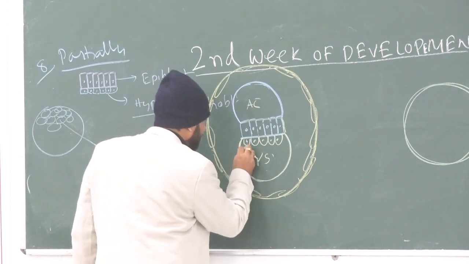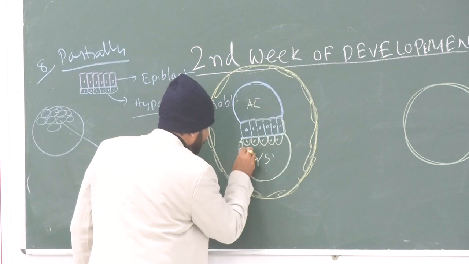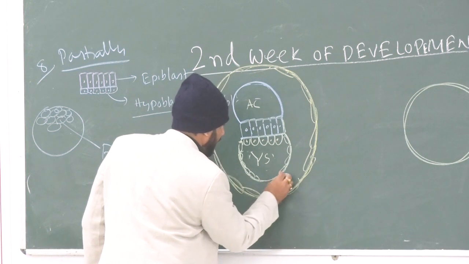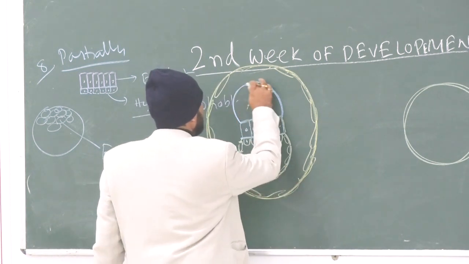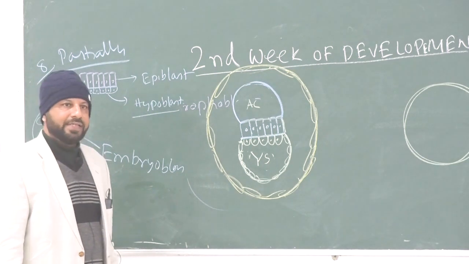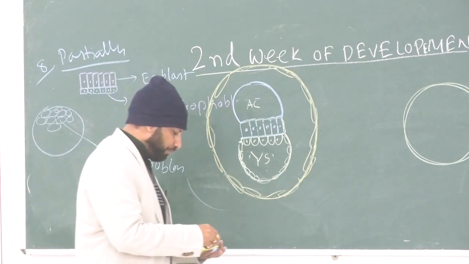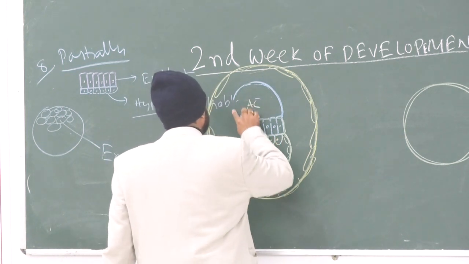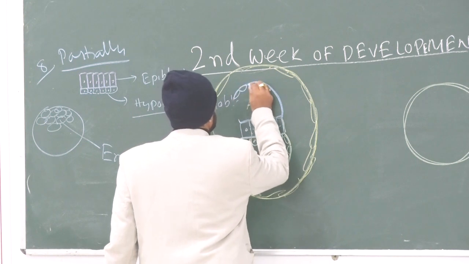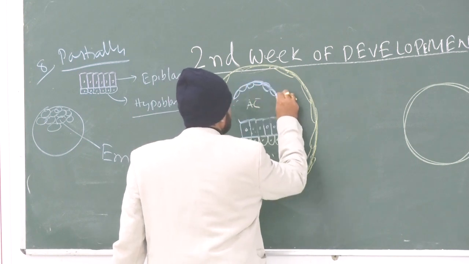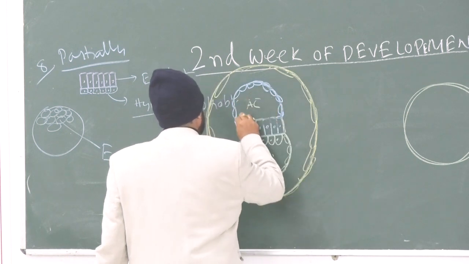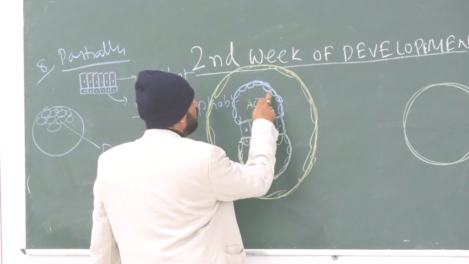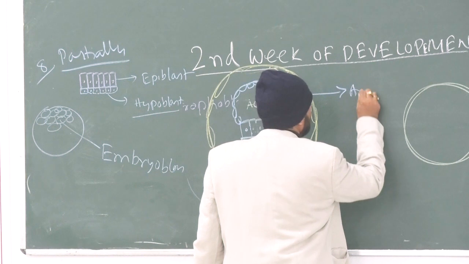And yolk sac cells line the yolk sac. And here in the roof of the amniotic cavity another cell type is there. What is this? These cells come from the epiblast cells. It is called amnioblast, because it forms the roof of the amniotic cavity.